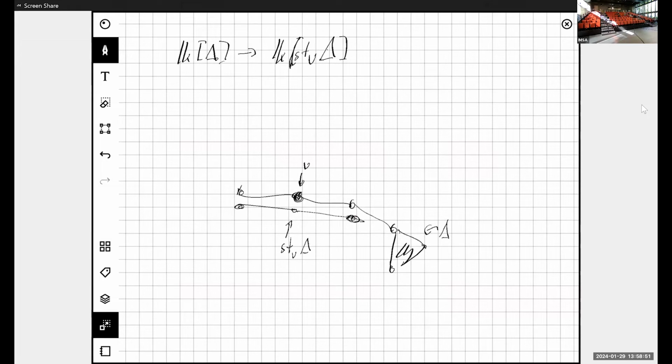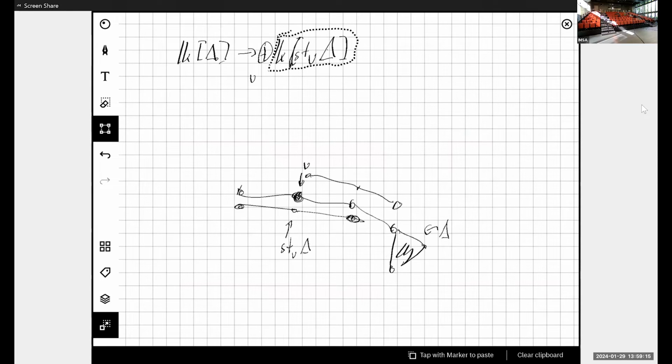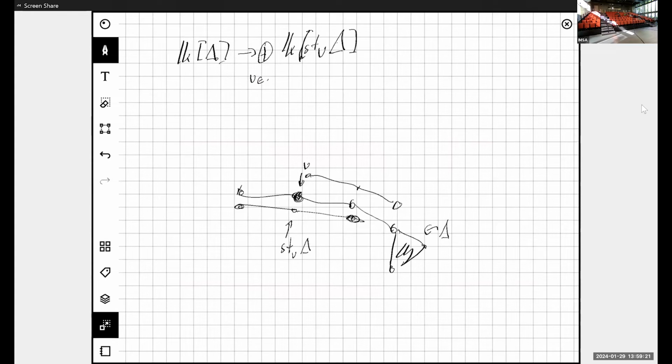And now what I want to do is the most natural topological thing. I want to cover the complex by its stars. The stars are contractible, and that's always a good thing, to cover a space by contractible subsets. Okay, and then I have the direct sum over the vertices in delta. But if you remember a little bit from the nerve complex, Rips complex, these kinds of things, you don't want to do only this.